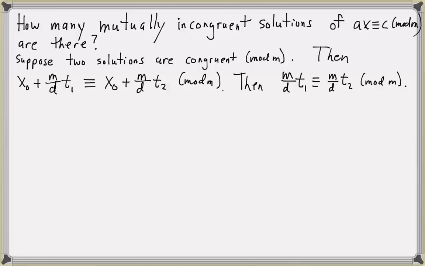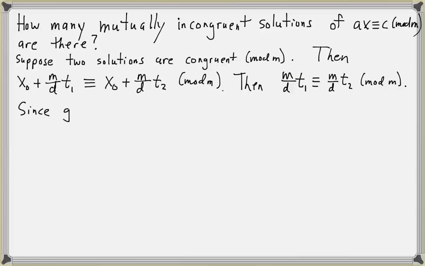So now I'd like to cancel or divide both sides of this congruence by m over d. But I've got to worry about changing the modulus m. Well, let's look at the greatest common divisor of m and m over d.